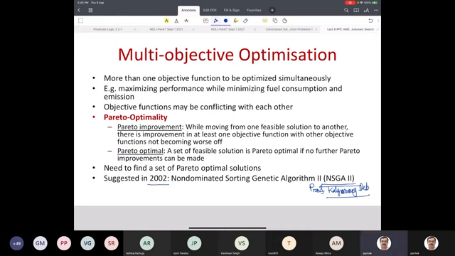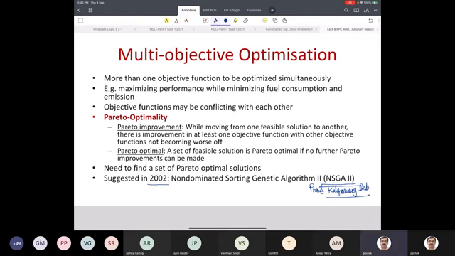The whole best set, the rank 1 set, is the non-dominated solutions. All non-dominated solutions will form rank 1. So you have rank 1 as one set, rank 2 as another set, rank 3 as another set. You create rank sets.